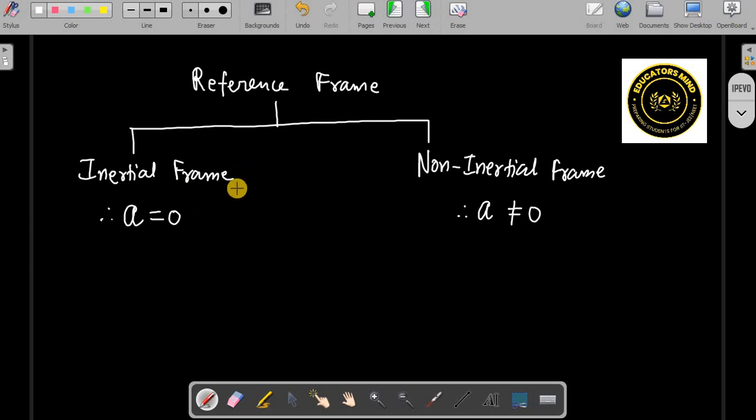Okay, so now let's understand. Newton's laws of motion are valid in an inertial frame of reference. If it's a non-inertial frame, we have to convert it into an inertial frame by applying the concept of pseudo forces.